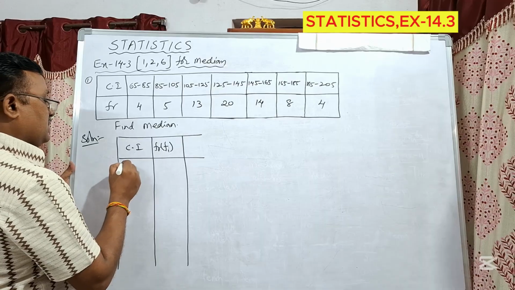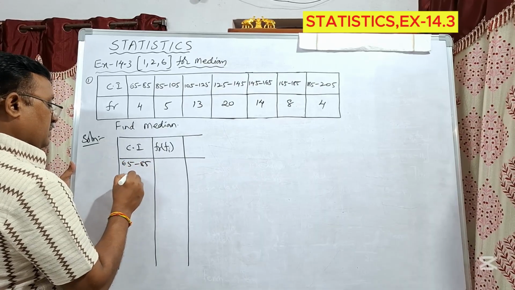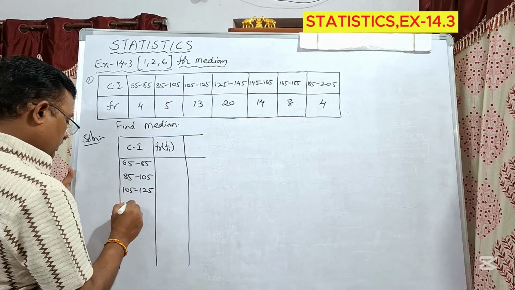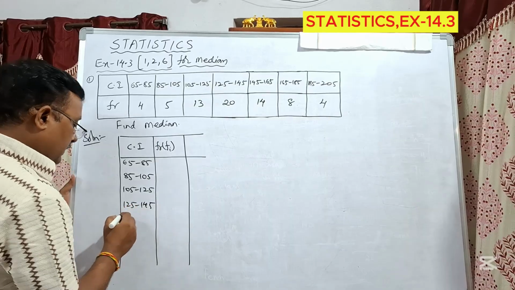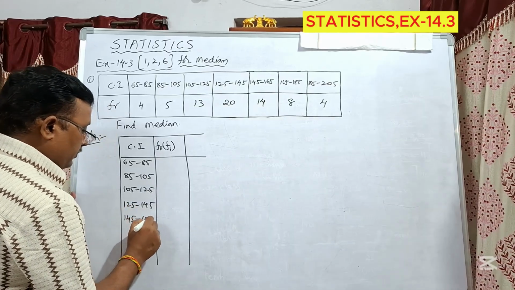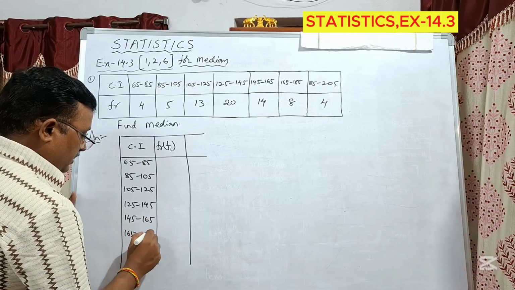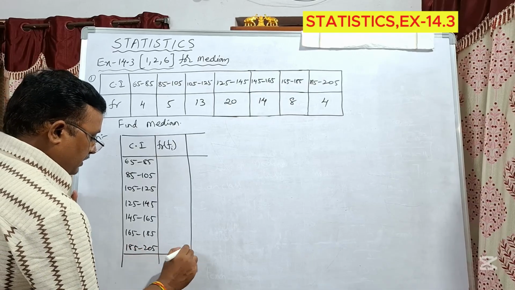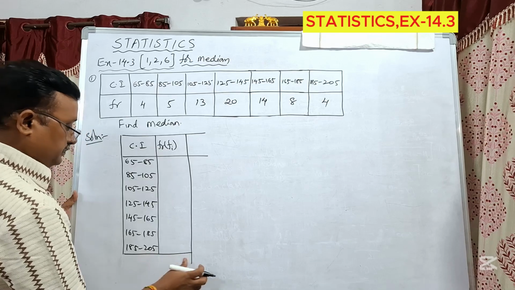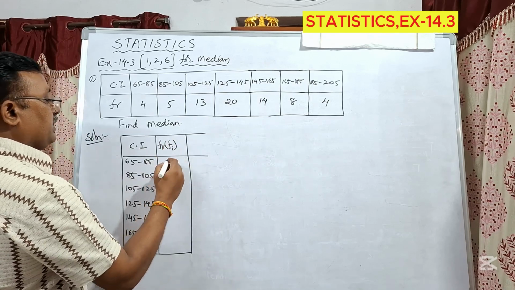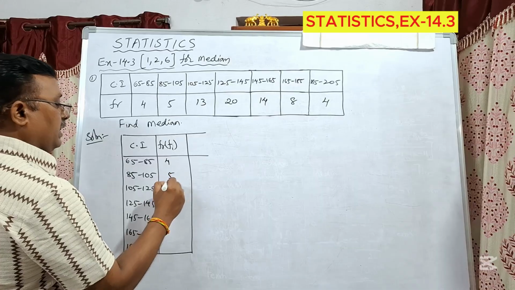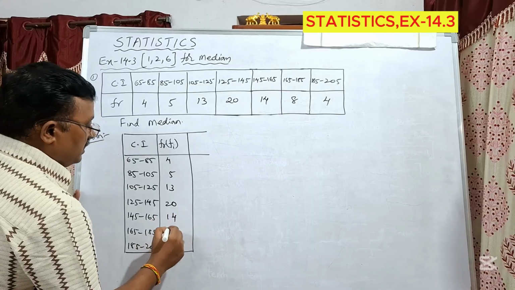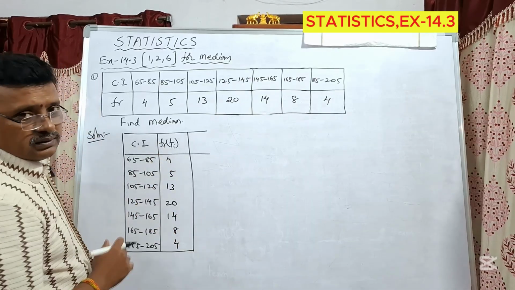Those are 65 to 85, 85 to 105, 105 to 125, 125 to 145, 145 to 165, 165 to 185, 185 to 205 are the given class intervals from the data, with their respective frequencies 4, 5, 13, 20, 14, 8, 4 respectively.